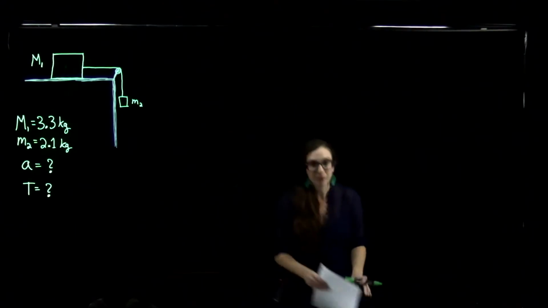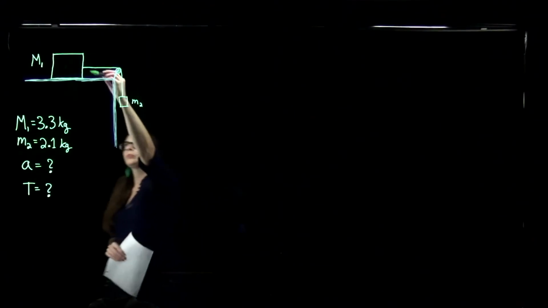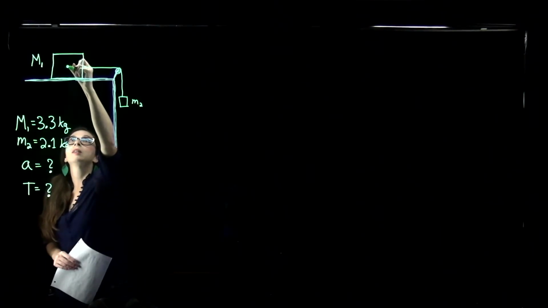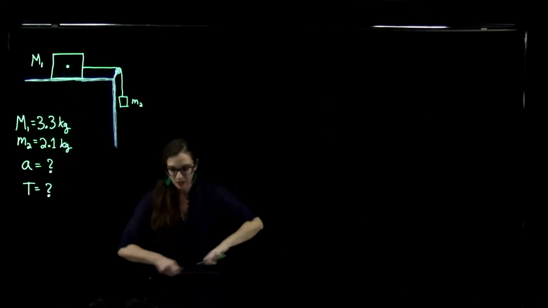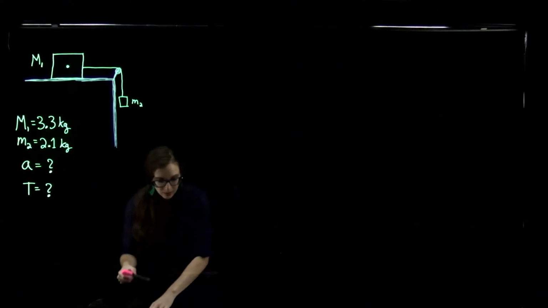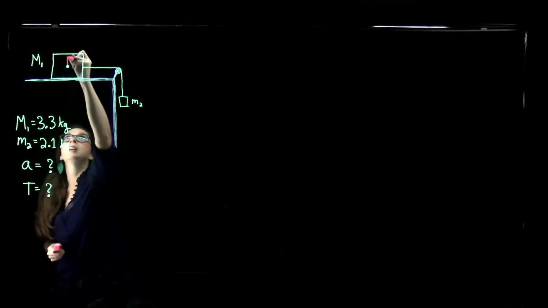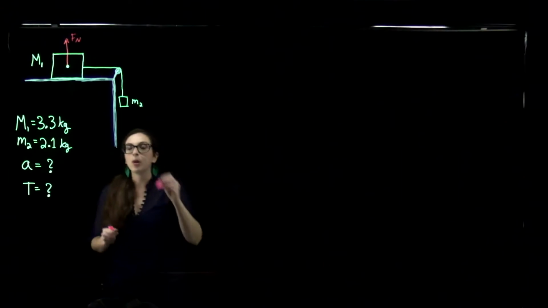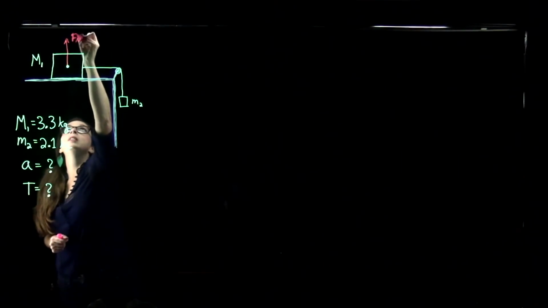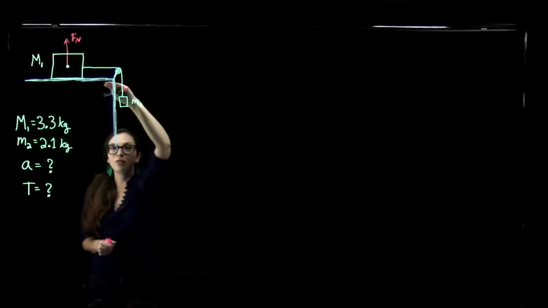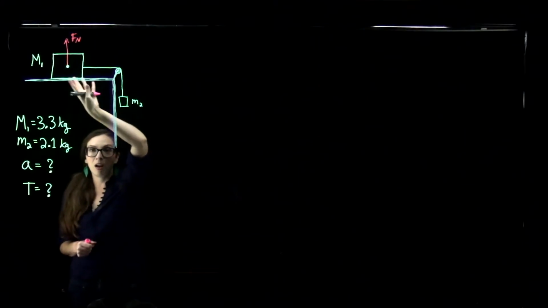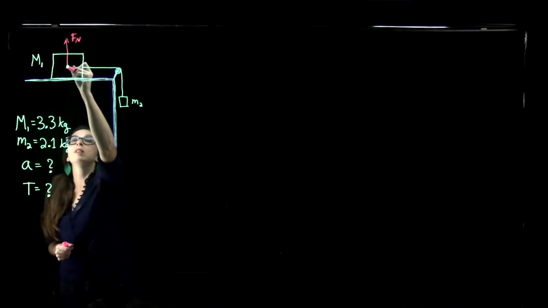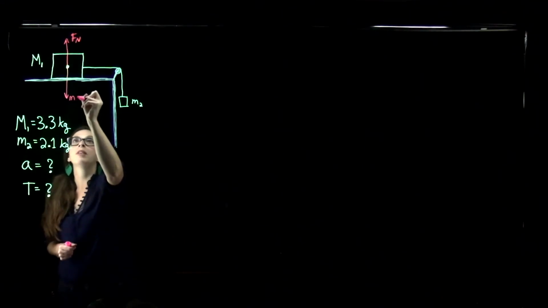Before we even do that, let's think about all of the forces that might be acting in this problem. Here on my first big mass, big M, I've got, maybe I'll draw this in a different color, the normal force acting upward here, okay? The normal force is the force that this surface here is exerting on this block. And then I have the weight of this object, its mass times gravity, downward.